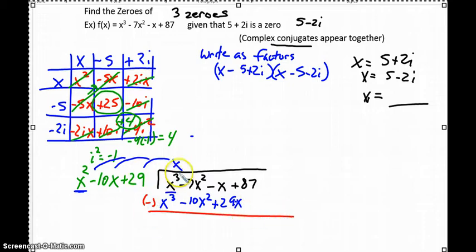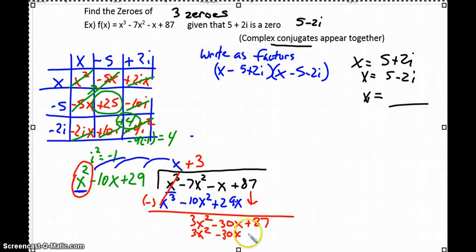So this time the first term should cancel out. I'm going to get a 3x squared minus 30x, drop down the 87, and again ask myself, what do I have to multiply an x squared by to get a 3x squared? That'd be a positive 3. So when I multiply all these by positive 3, I get 3x squared minus 30x plus 87.